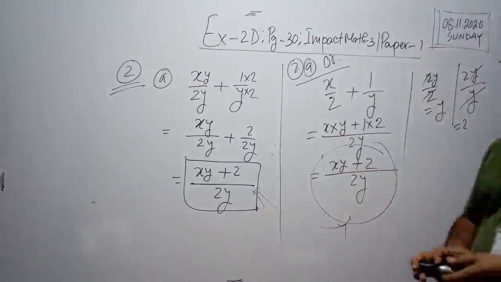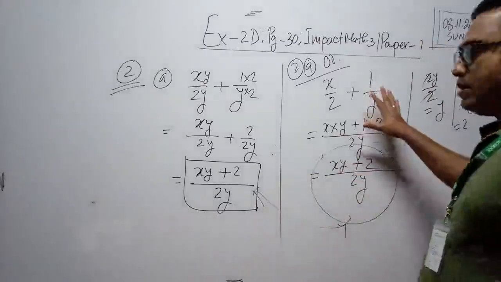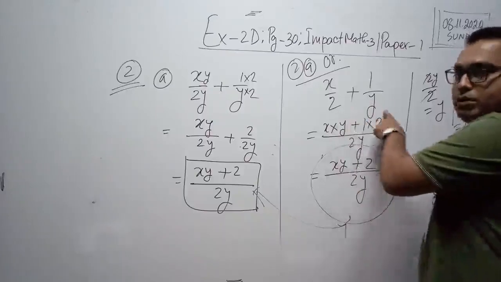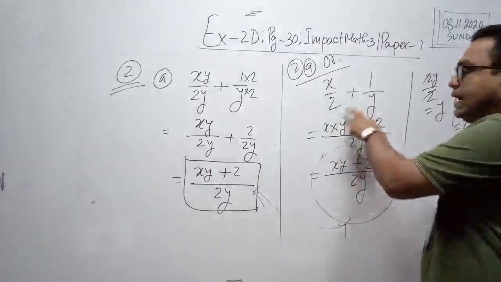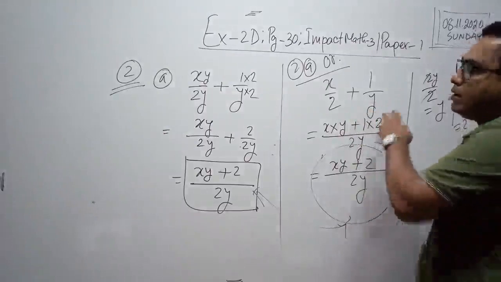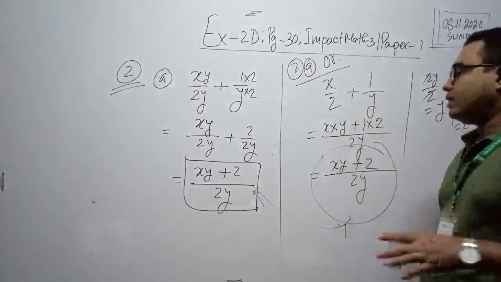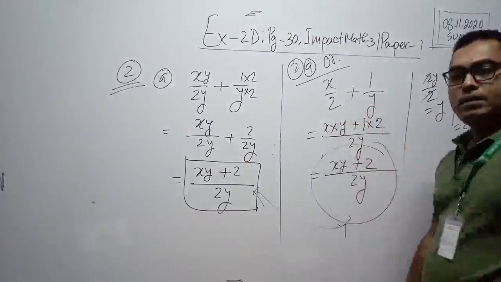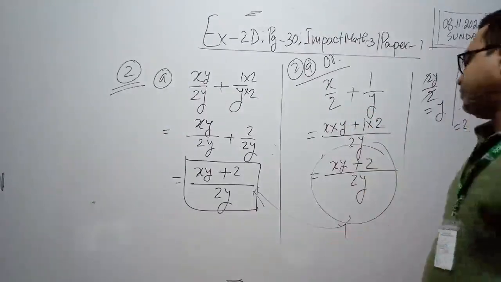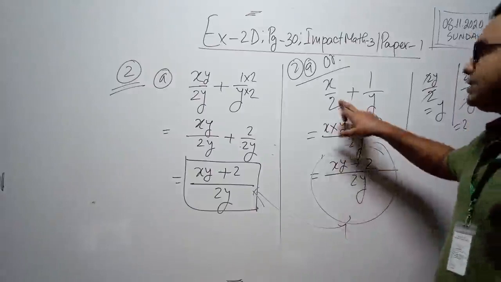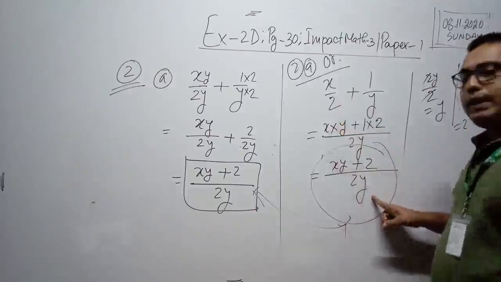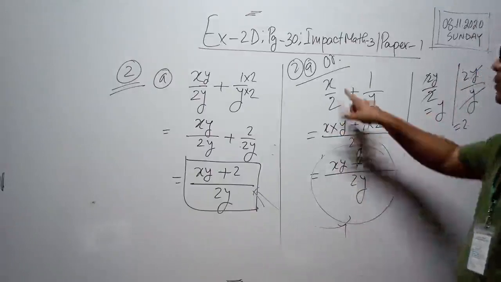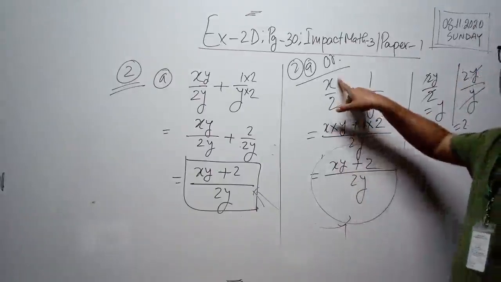Then I am saying in this method, what we are doing first, we are finding the common and uncommon. Here nothing is common except 1. So the uncommon denominators will be multiplied. That's the LCM. And then this denominator 2 goes to 2y. It will give us y. That y will be multiplied with the numerator.